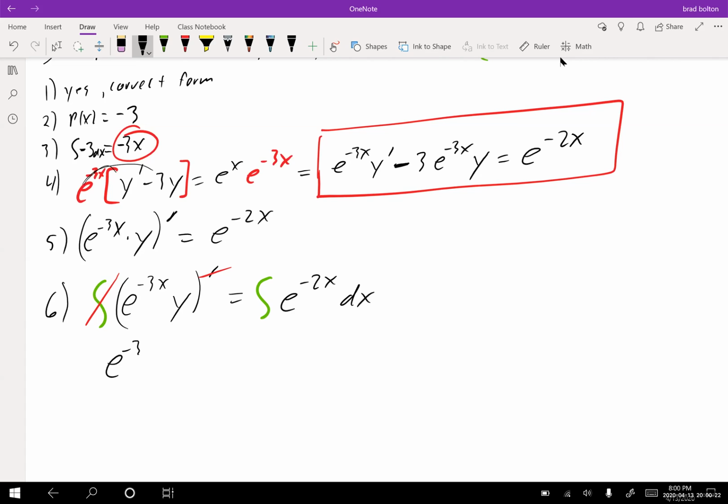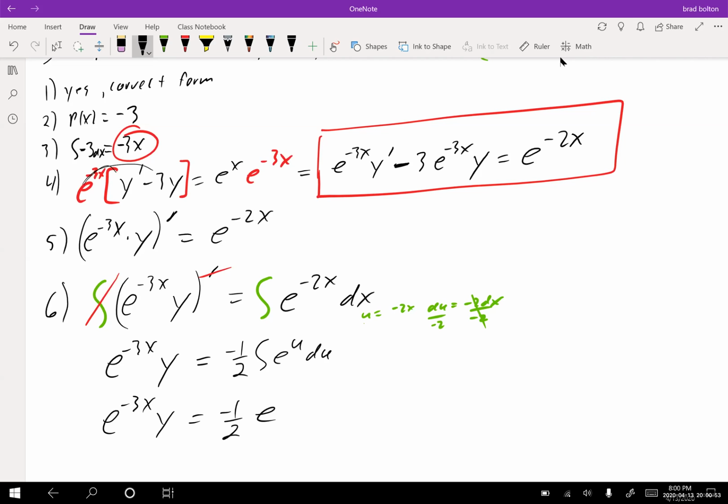So we're just left with e to the negative 3x y equals, now this is a little u sub. We're going to say u equals negative 2x, so then du equals negative 2 dx, divide both sides by negative 2. So we now have negative 1/2 integral e to the u du. So this is e to the negative 3x y equals negative 1/2 e to the u, but u in this problem was negative 2x, so negative 1/2 e to the negative 2x plus c.